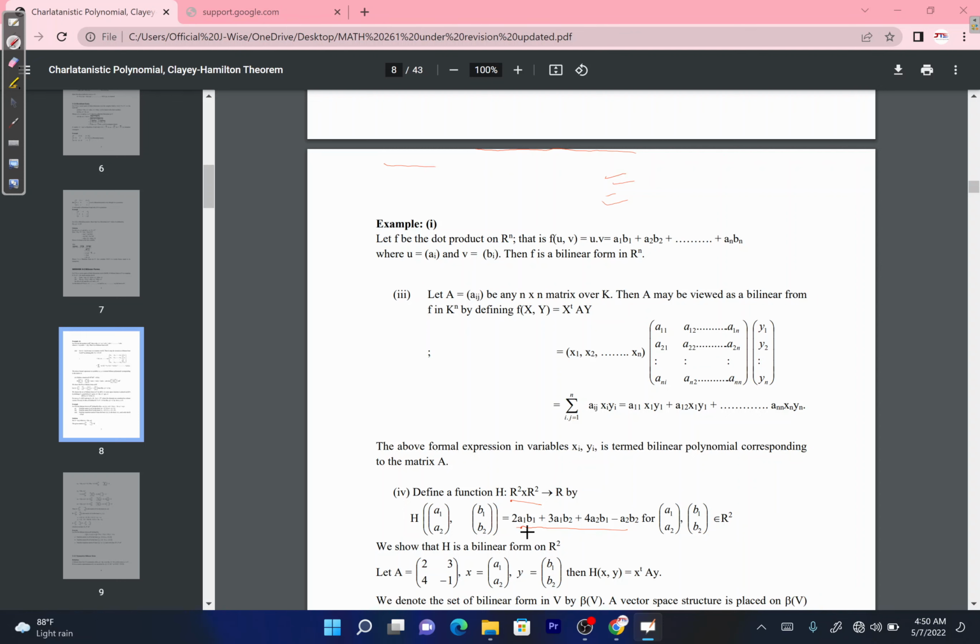The element A normally indicates the row number and B the column number, so A1 B1 is the element in the first row first column, that's 2. 3 A1 B2 is the element on the first row second column, that's 3. Second row first column is 4, then second row second column is what we have here. So we have generated our matrix from this.